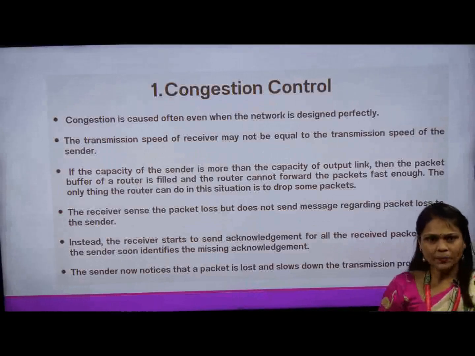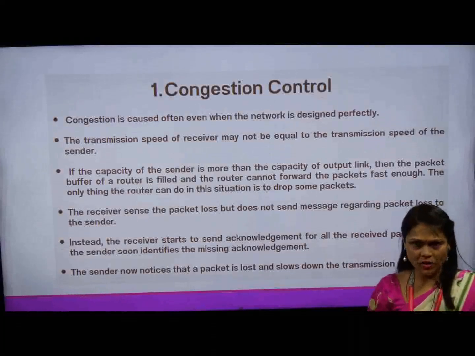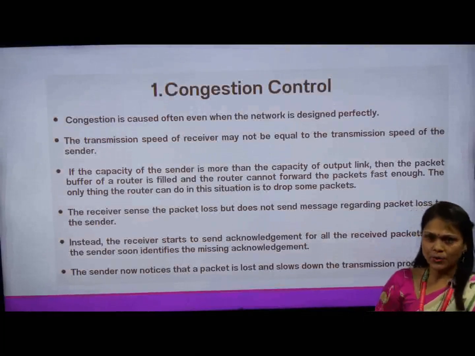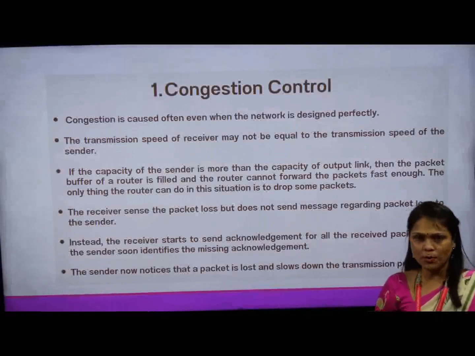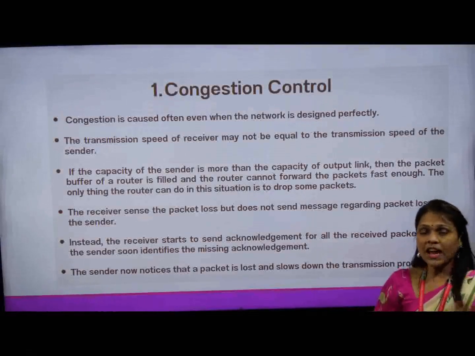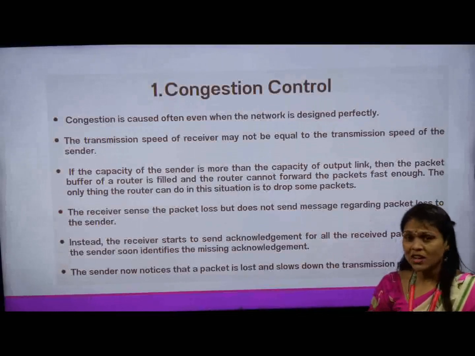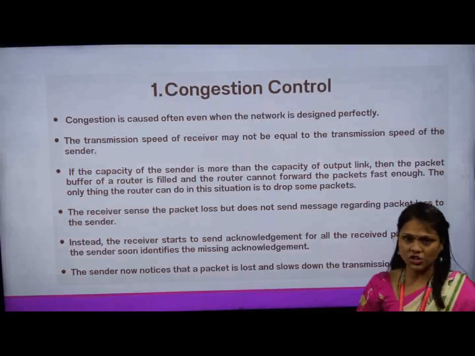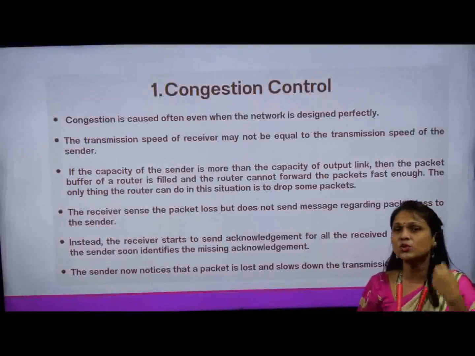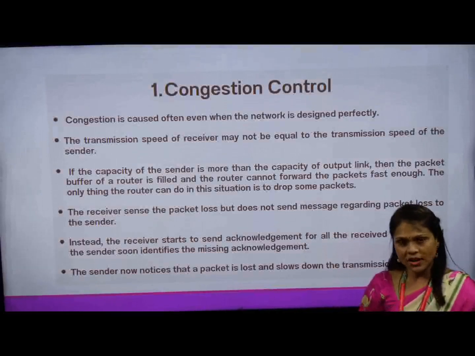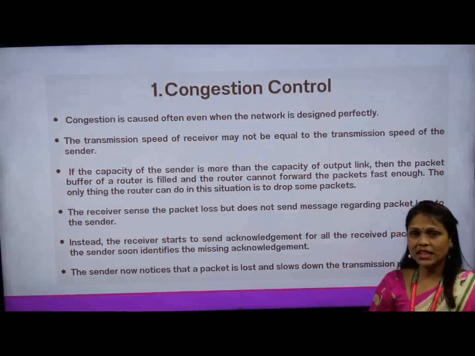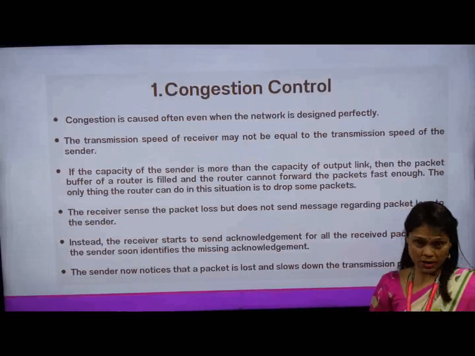That means the sender needs to send the data packets depending on the capacity of the receiver. For example, when we hire a four-wheeler vehicle, say we have booked using Uber or Ola. We have given the source and the destination, we have seen all the fare costs and how many minutes it takes to reach the destination. After the cab arrives at our pickup point, obviously we also get an OTP.